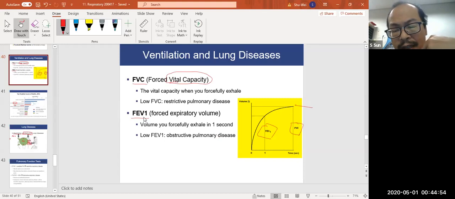FEV1 detects how fast the air flows through the airway, and that is a sign for obstructive lung disease. So for the patient with obstructive lung disease, you would probably see something like this. The FEV1 will be low, but eventually it will reach the normal FVC.